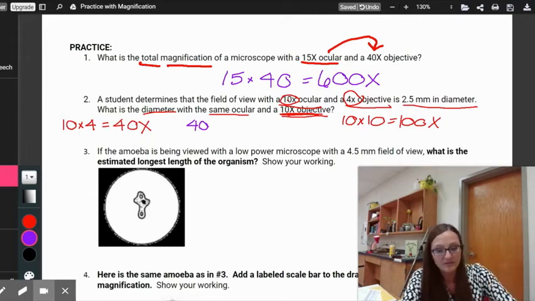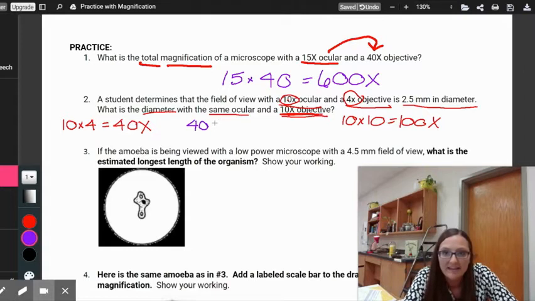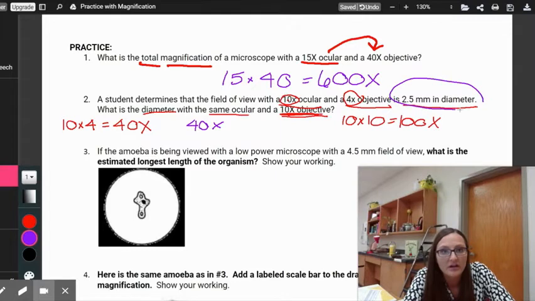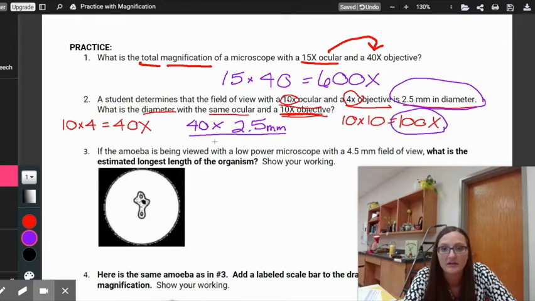So we've got our 40, and you're going to want to multiply that 40 by the original diameter of the field of view on low power. So 2.5 millimeters. And then you're going to need to divide that by your high power magnification.